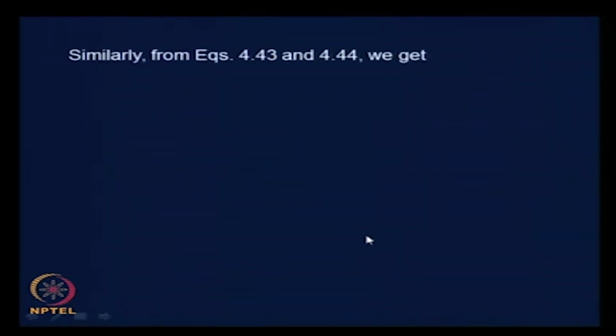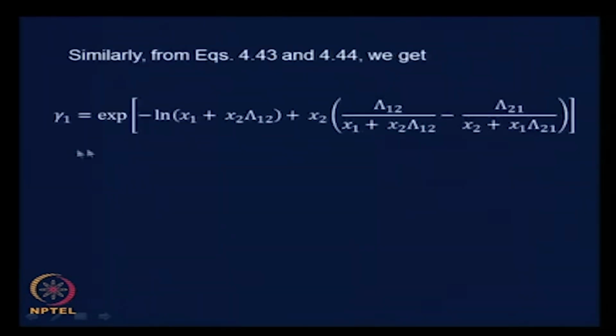If you look at the Wilson model expression, which is a slightly longer expression, gamma 1 equals exponential of minus ln of x1 plus x2 times gamma 1 2, plus x2 times gamma 1 2 divided by x1 plus x2 gamma 1 2, minus gamma 2 1 divided by x2 plus x1 times gamma 2 1, as you can directly pick from whatever was given in your notes earlier.